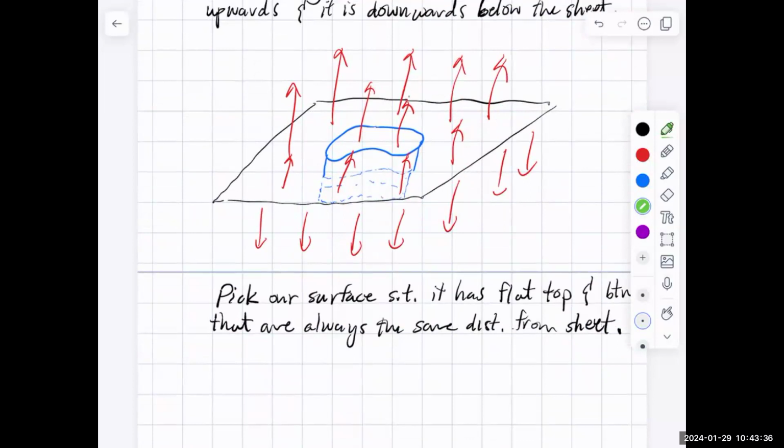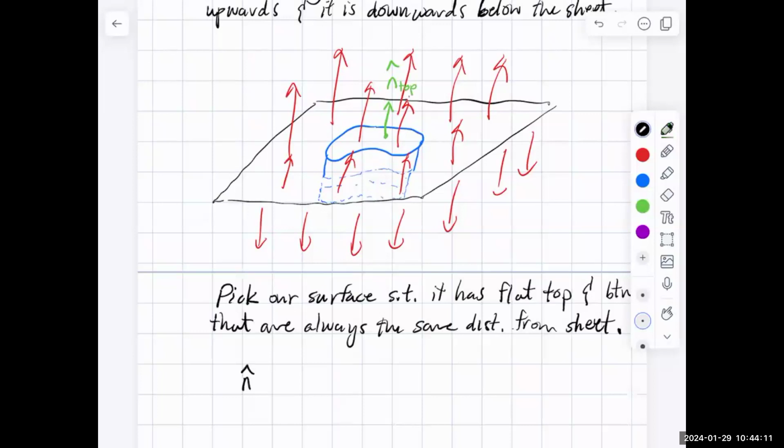There's kind of three parts of our surface of interest: the top, the bottom, and then the side. At the top, the normal vector is perpendicular and pointing outwards. So it's pointing up. Let me call this n hat top. And if we look at that, we say, oh, well, that's interesting. N hat top is exactly parallel to the electric field.